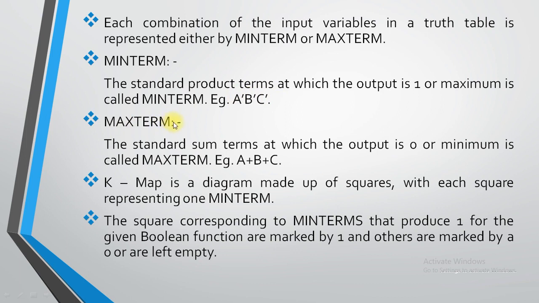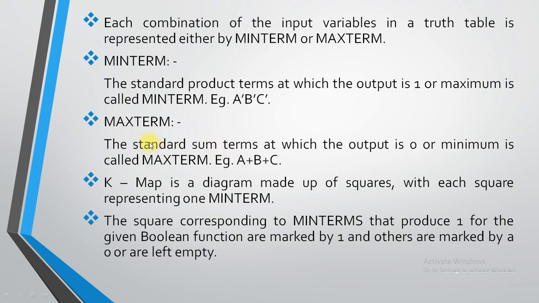Similarly, maxterm is represented by the sum terms, and the output is 0 or minimum. In minterm, 1 or maximum is the output. With a maxterm, the output is 0 or minimum, and it is represented as A plus B plus C. Plus represents OR gate, and plus is referred to as a sum.